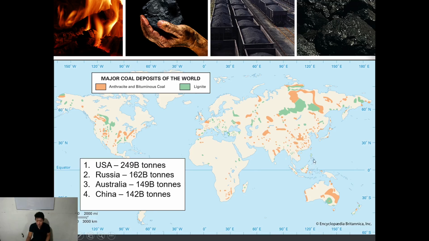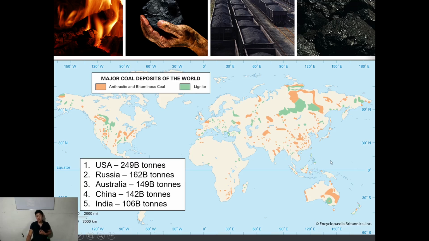If this is the Philippines, above it is Taiwan and then China. China also has 142 billion tons of coal. And the fifth one is India, somewhere here, India. Africa is somewhere here, a little.